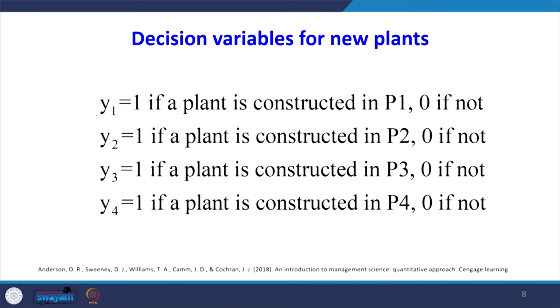I am going to consider y1 equal to 1 if the plant is constructed at P1, y2 equal to 1 if a plant is constructed at P2, y3 equal to 1 if a plant is constructed at P3, y4 equal to 1 if the plant is constructed in P4. So, I may suggest 1 plant, 2 plants, 3 plants or 4 plants, maximum 4 plants I can suggest.